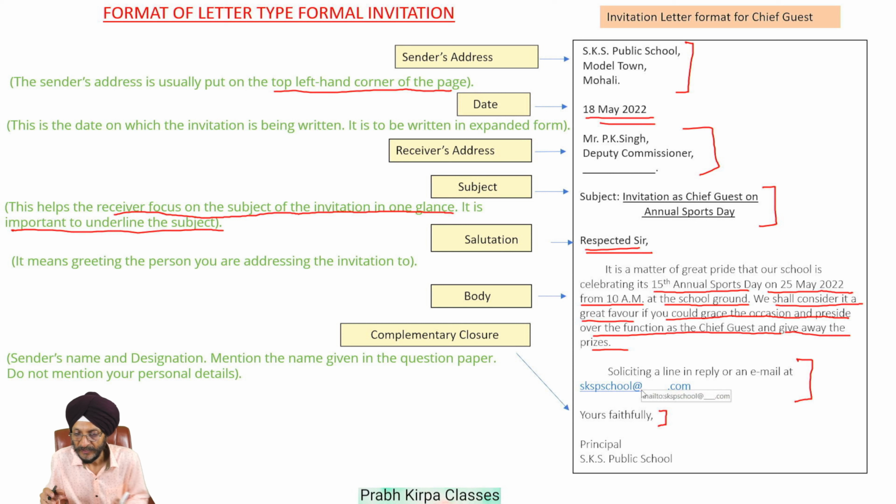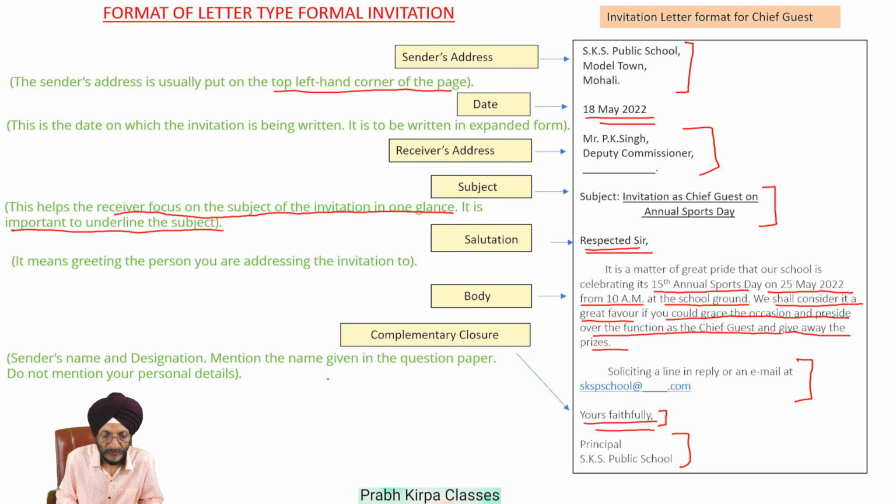Normally we may give an email address or some mobile number so that the person who has been invited as chief guest may give his reply whether he or she will be in a position to attend or not. He may send a response back. Then comes the complimentary closure at the end, normally written as Yours faithfully. Then comes the person who is inviting. It is normally the principal of the school. The sender's name and designation have to be mentioned.